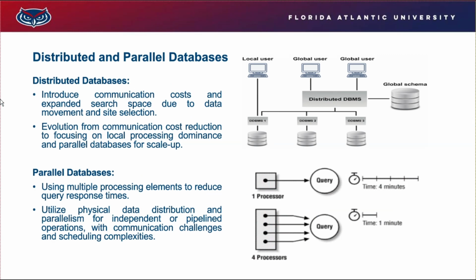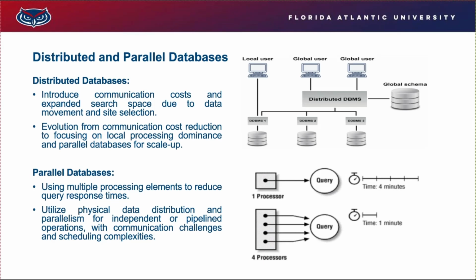These are some more advanced issues in database query optimization. First one is the distributed database. It deals with the challenges of moving data between different locations, which add extra time and effort to finding the best way to process queries. Over time, the focus shifted from reducing communication cost to making each location handle its data more efficiently. This led to the rise of parallel databases that use multiple processes to speed up query processing.